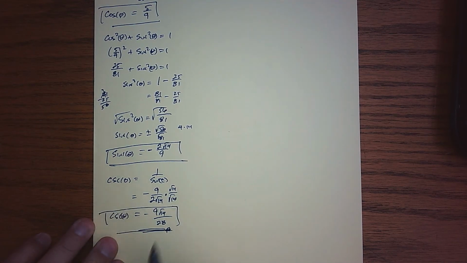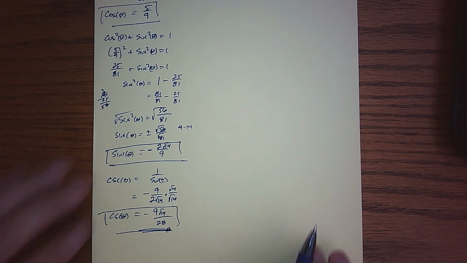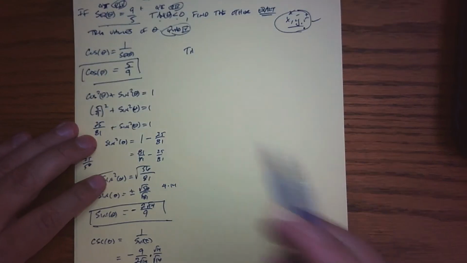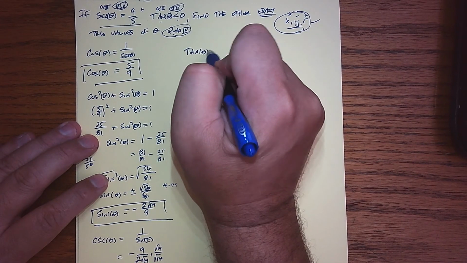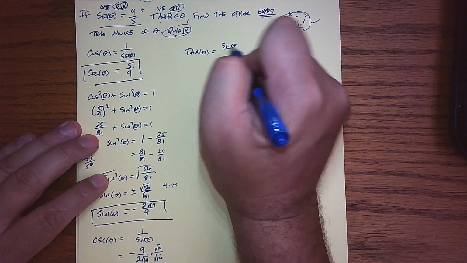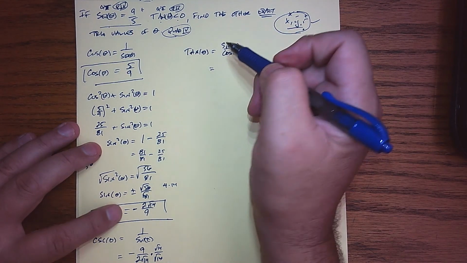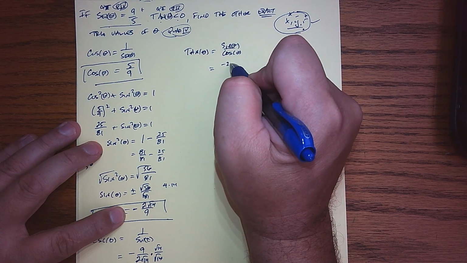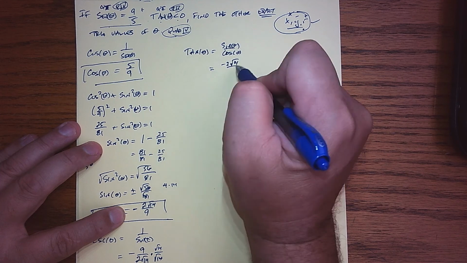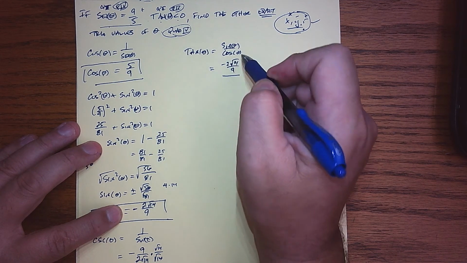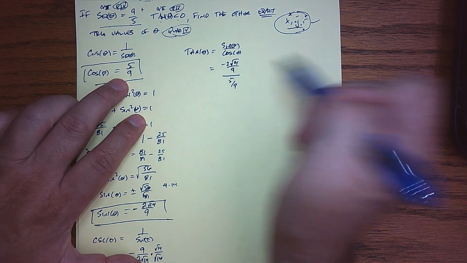So far, so good. We have 3 of them. 2 more. Tangent might be the easiest one to find next, because we know that the tangent of theta is sine over cosine. And we just found the sine, that's negative 2 square roots of 14 all over 9. And we know that cosine is 5/9.